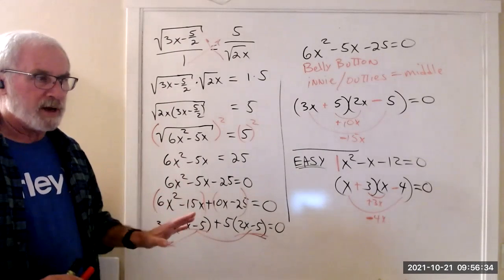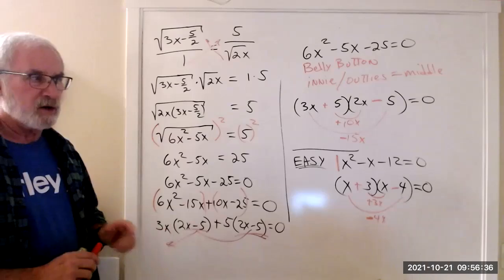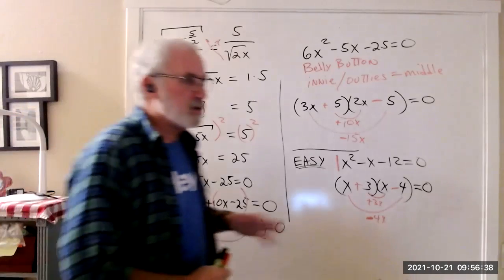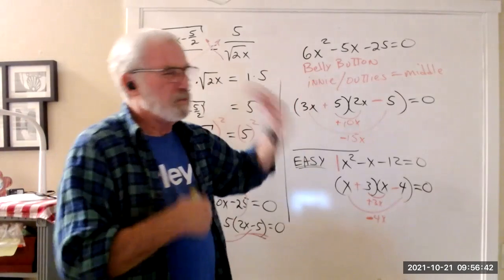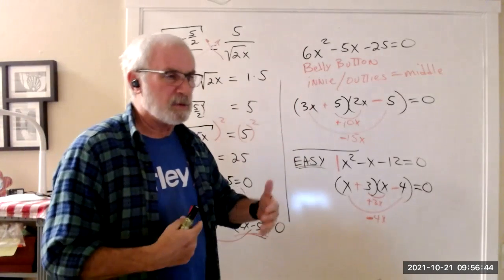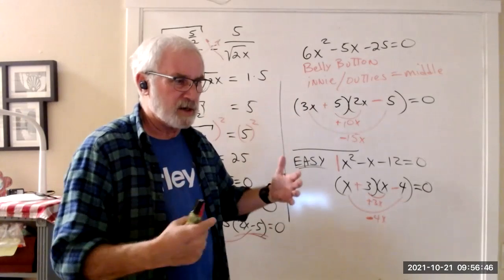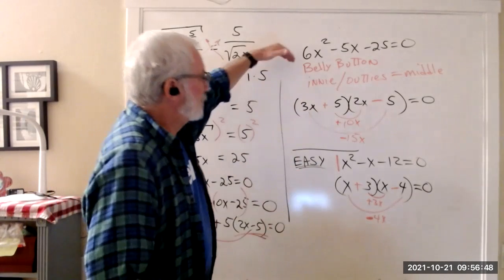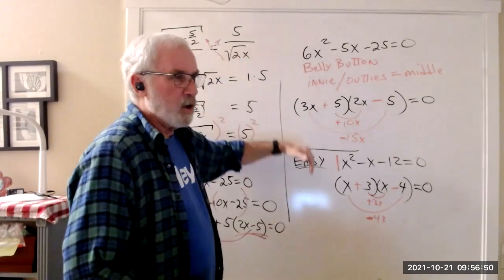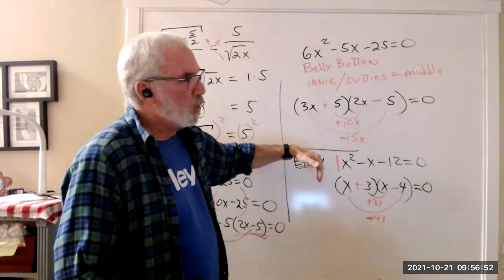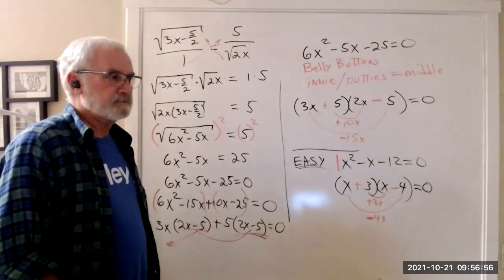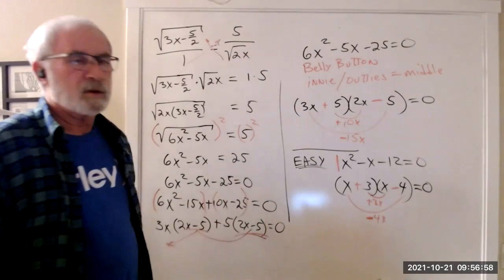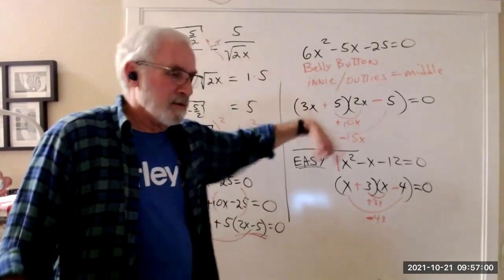Don't worry about it. It's not that big a deal. But a lot of time on tests, your ability to finish problems quickly in a given amount of time is important. So this belly button method helps you get through a problem a whole lot faster than the AC method does. Questions about my belly button?